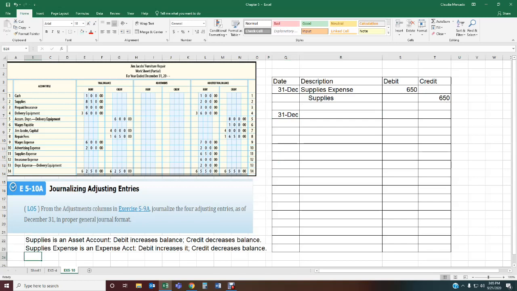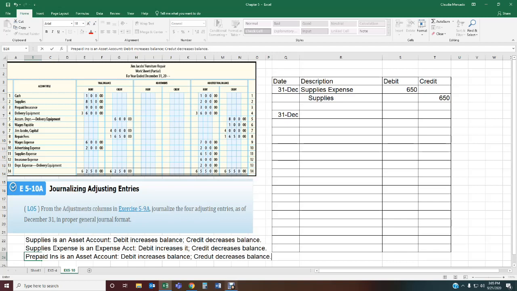Prepaid insurance is an asset account. A debit increases the balance. A credit decreases the balance. So what happened to my prepaid insurance? It decreased.